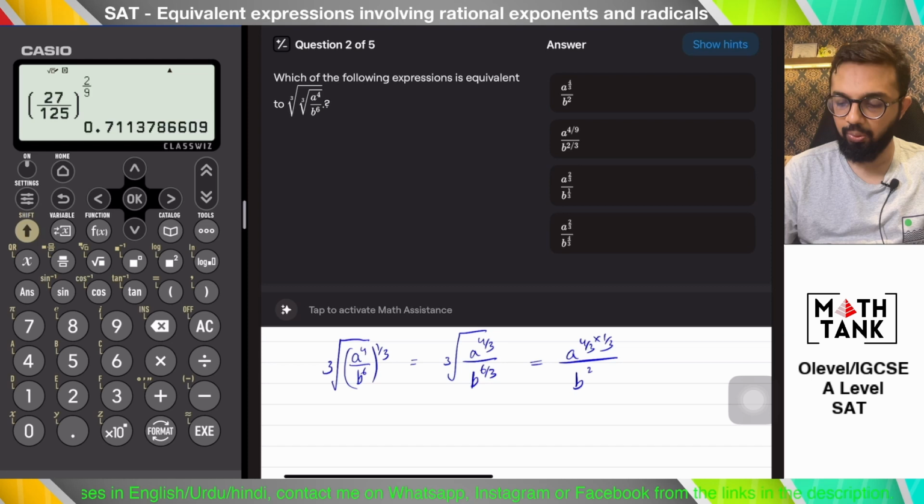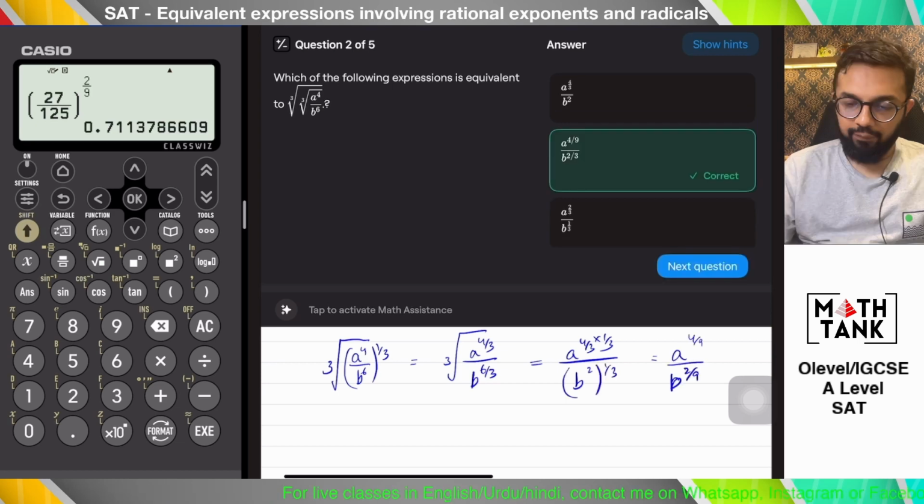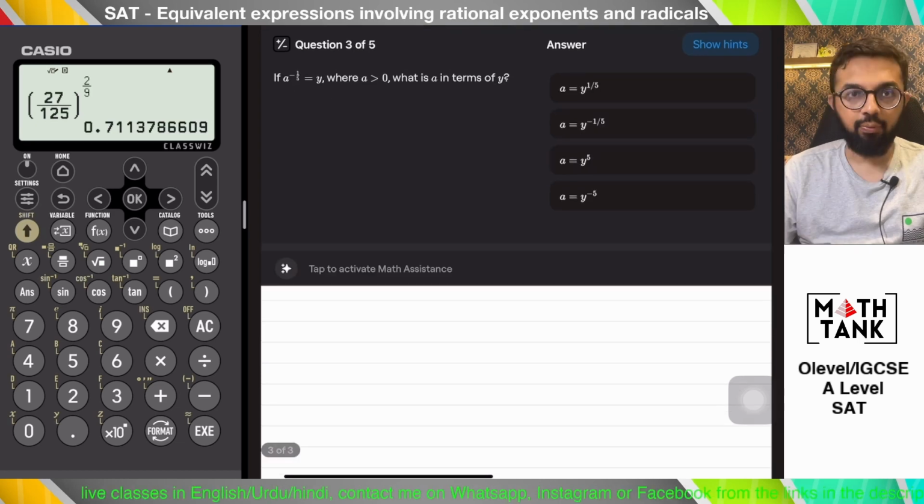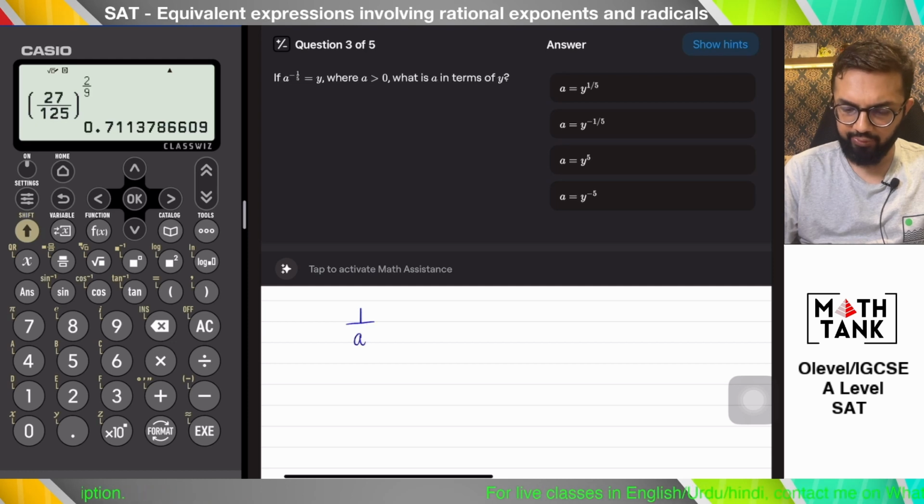Power number 2 says if a power negative 1 over 5 equals y, y is greater than 0, what is a in terms of y? Okay, first let's turn that into a positive power and let's shift around.